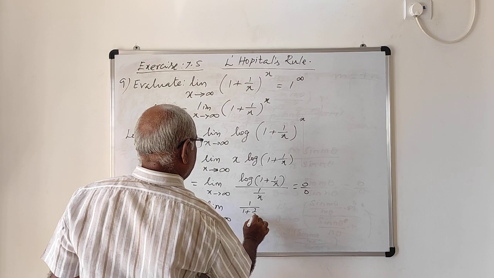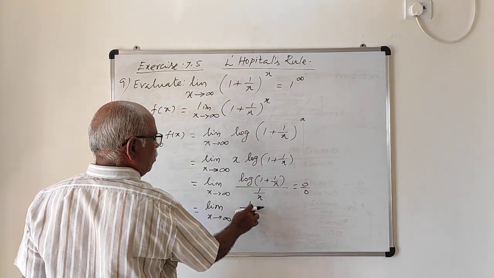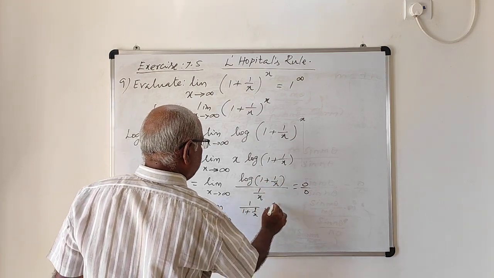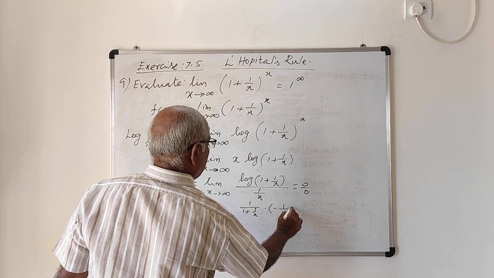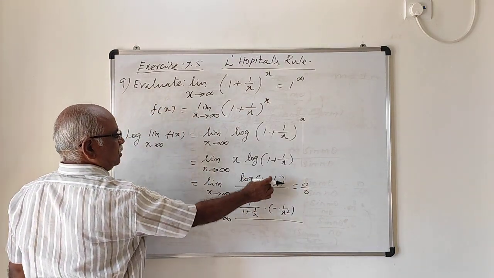The derivative of log of 1 plus 1 by x is 1 by 1 plus 1 by x, into the derivative of 1 by x, which is minus 1 by x square. This is the derivative of the numerator function; the derivative of log x is 1 by x.